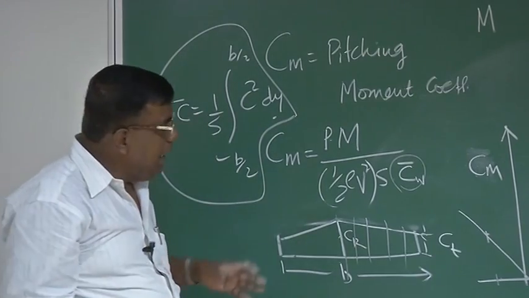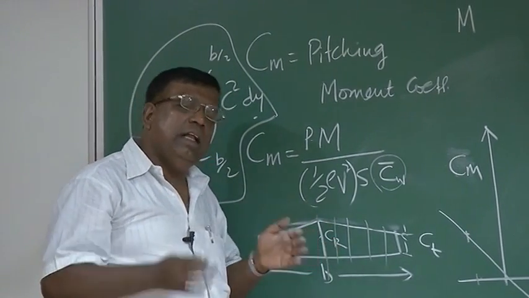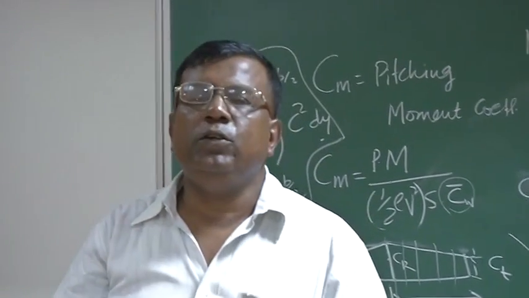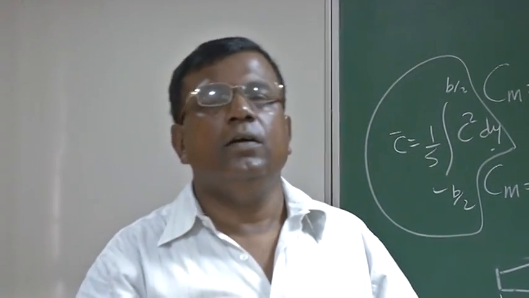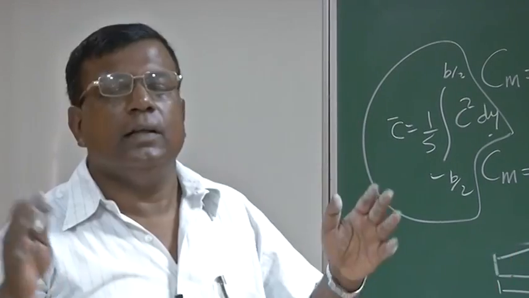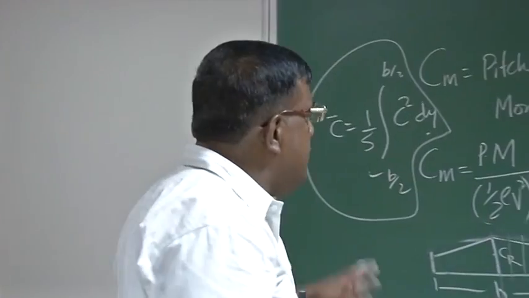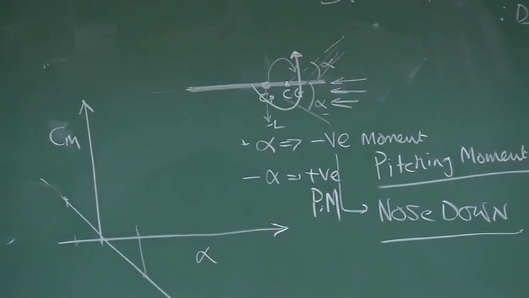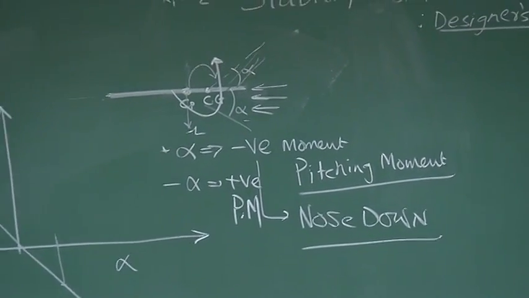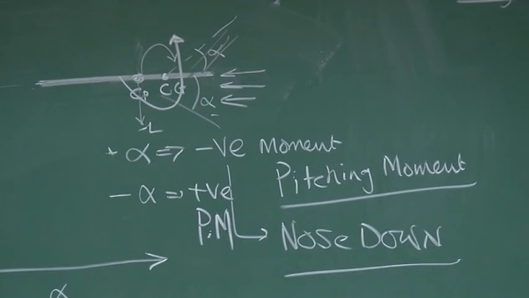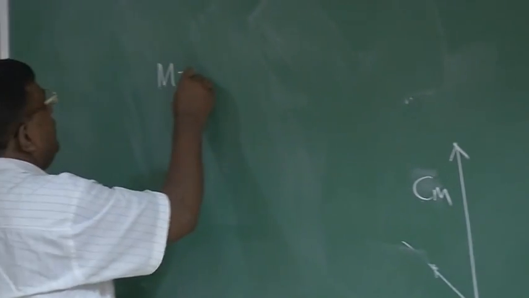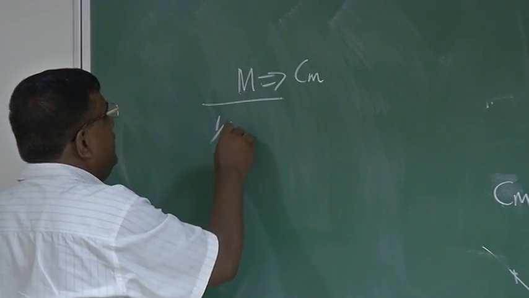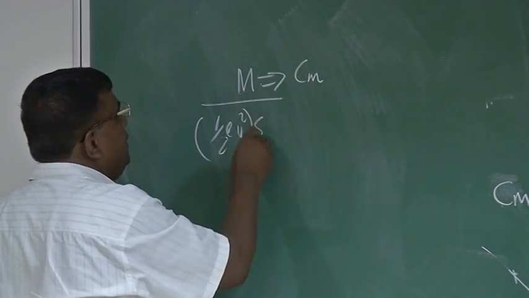For you and me at this stage, assume this is an average chord which helps me visualize it as if it's a rectangular wing with C bar and b as configuration parameters. Let's stop this discussion here. You also understand why we have divided by C bar: because this is the moment I want to convert to Cm, so I have to divide by half rho V square S. This is the force.